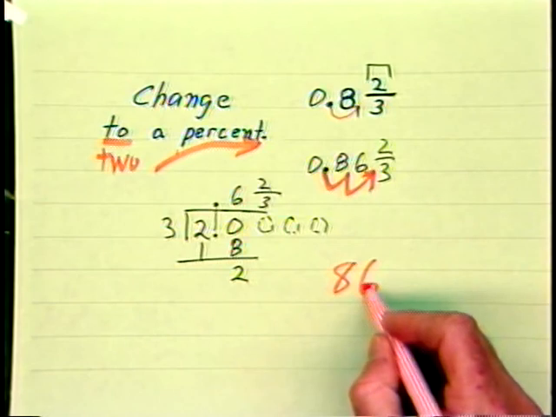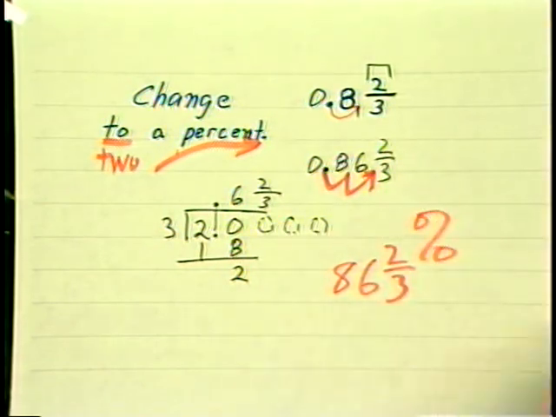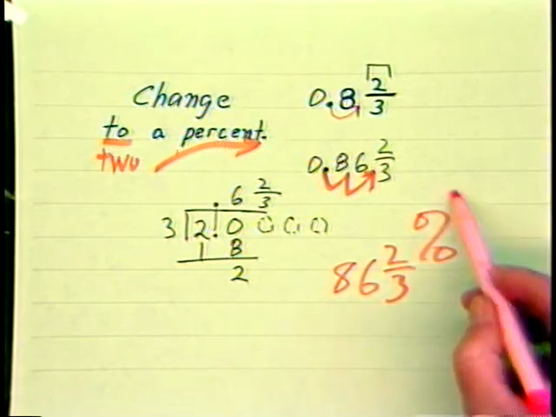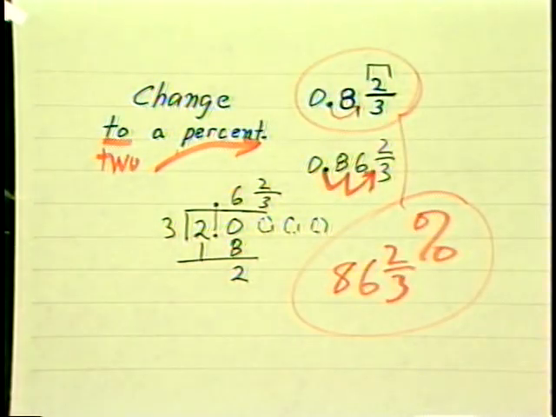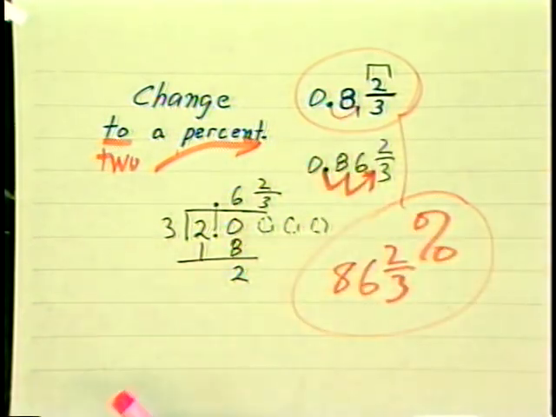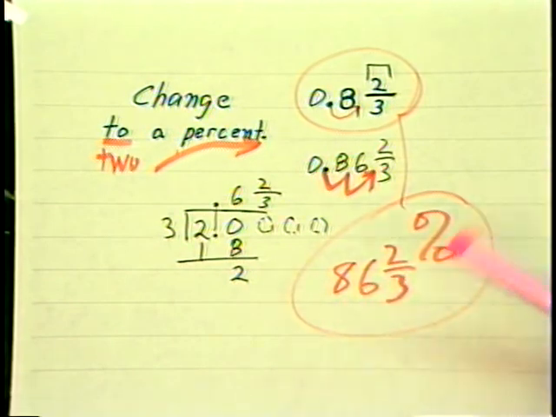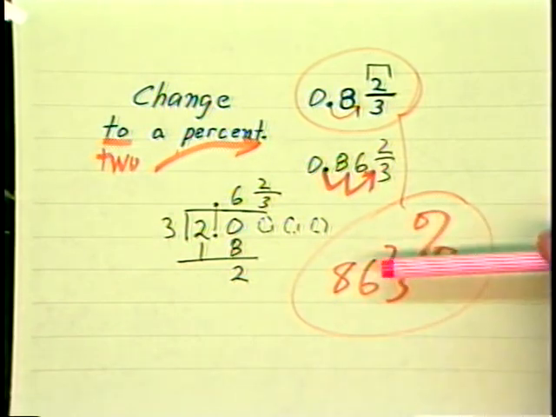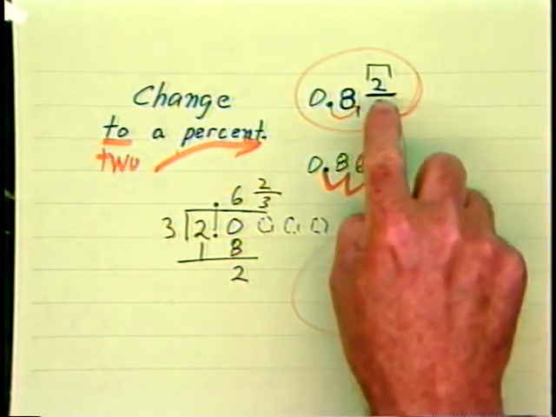And I get 86 and 2/3%. So this number is equivalent to that number. This is the decimal with fraction at the tenths place form, and this is a percent with a fraction to the nearest whole percent form. Let's do one more of these.